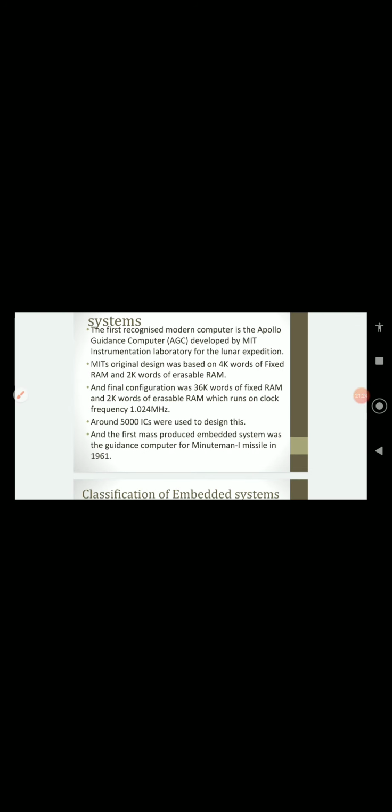With the same computer, the design used around 5000 integrated ICs. And the first mass-produced embedded system, meaning produced in bulk, was the guidance computer for the Minuteman I missile.